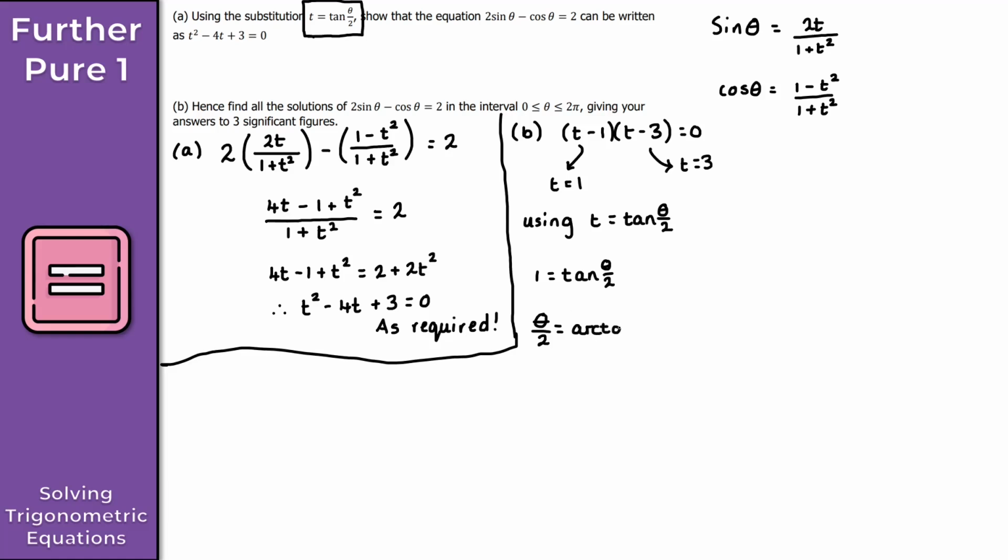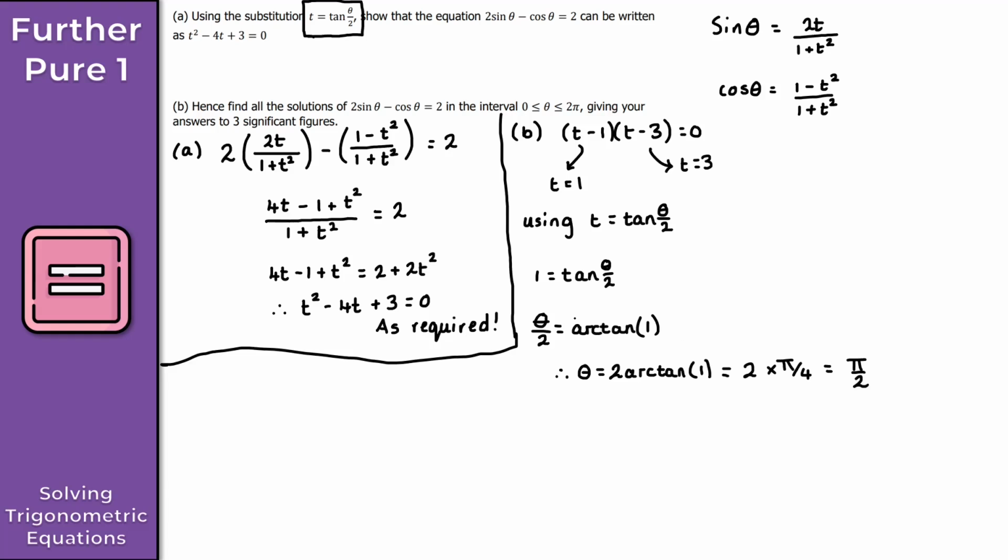So arctan of 1 here, like so. And in that case then, theta is equal to 2 lots of arctan of 1. Okay, so 2 arctan of 1, like so. Well, arctan of 1 is just pi over 4, right? If you times that by 2, I get 2 lots of pi over 4, giving us pi over 2.